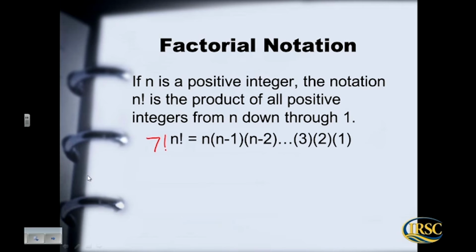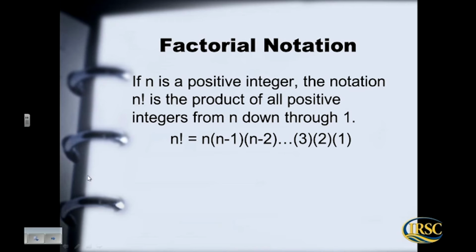If you had n factorial as our general case, you're going to start with n, then the next number would be n minus 1, then n minus 2, because it's 2 away from that original number, until you get down to 1. So you're using this pattern assuming that the number was higher than 3.